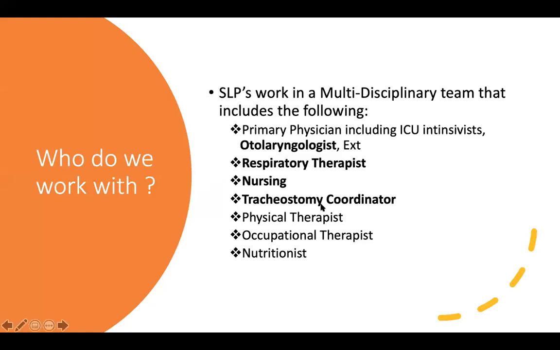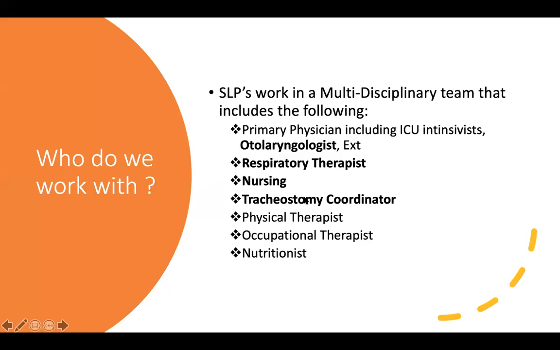Not all hospitals have tracheostomy coordinators or trach nurses. If you don't have one, the decisions about trach changes, upsizing, downsizing, and removal will probably be made by the ENT, and the trach change will be done by the respiratory therapist. But if you do have a trach nurse, then they will do both.